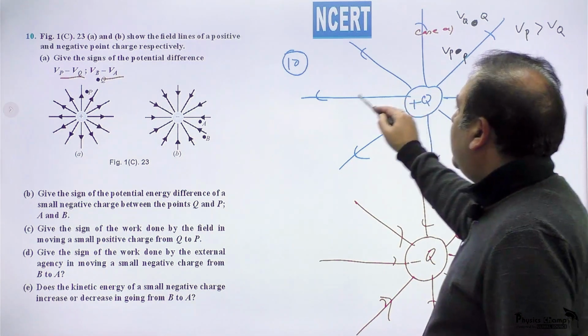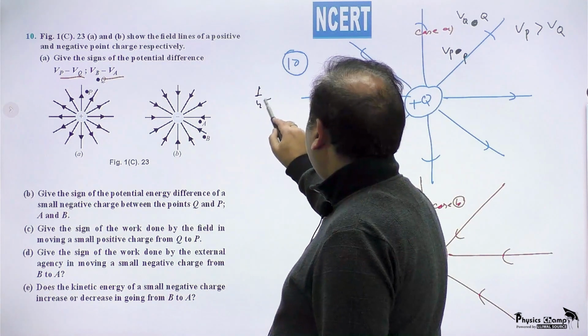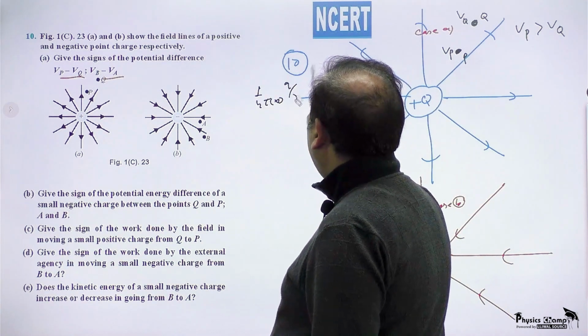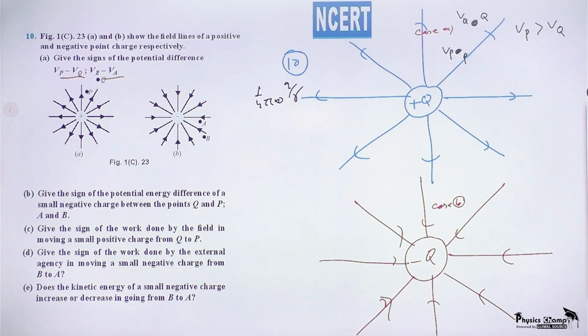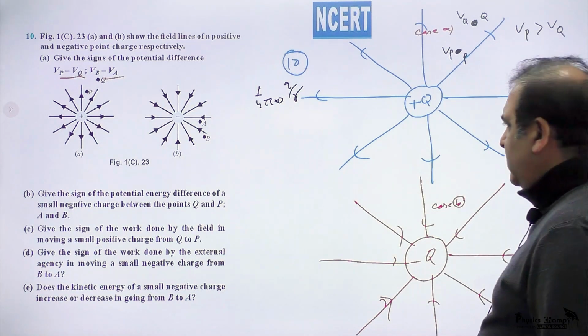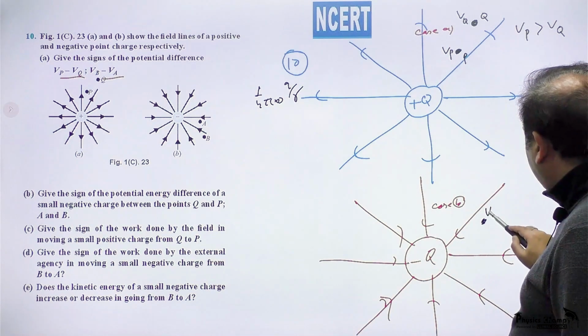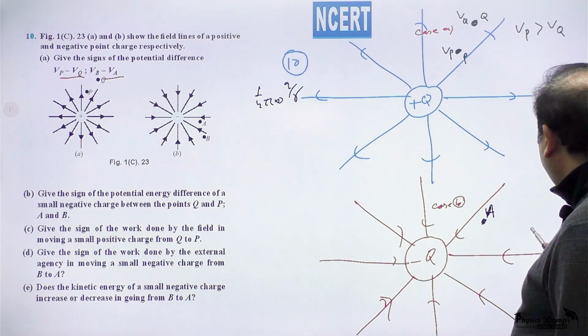Potential at P will be higher than potential at Q because both are having positive value plus Q. So 1 by 4 pi epsilon naught plus Q by R, it is inversely proportional to R. More is the distance, less is the potential. But due to negative charge, you have a point A and you have a point B here.